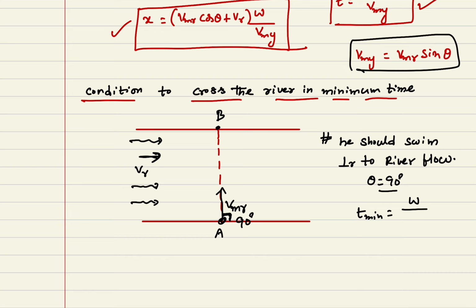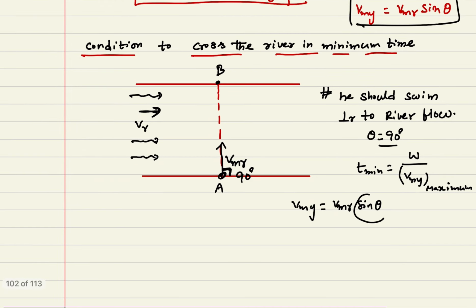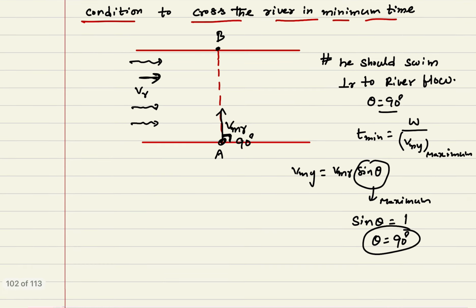So for T minimum, you have to get W divided by the maximum value of Vmy. What is Vmy? It is Vmr sin theta. So for that, the theta value should be such that sin theta is 1.